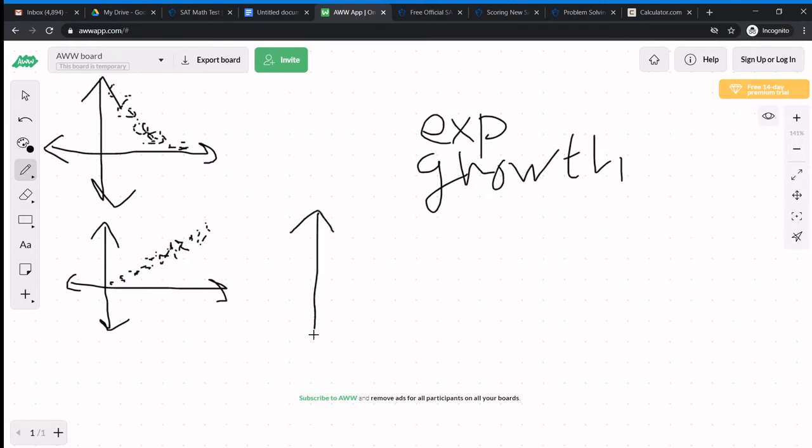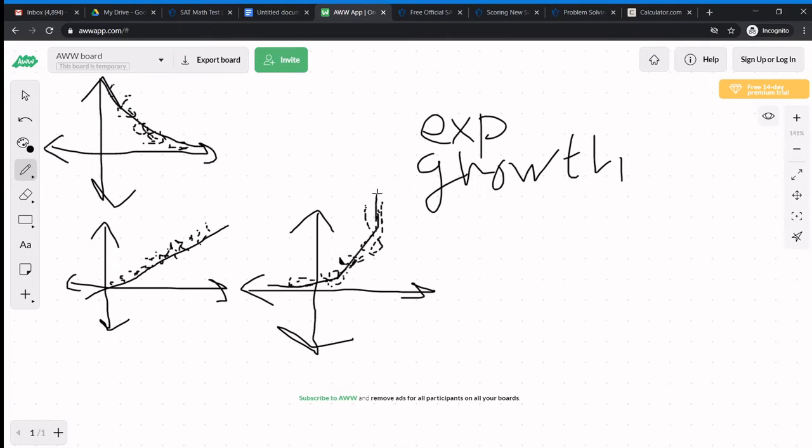And then maybe something like this. Alright, so I think it's pretty easy to see here. This one's linear, this one's a decay function, and this one's growth. That's all you're going to get at these types of problems.